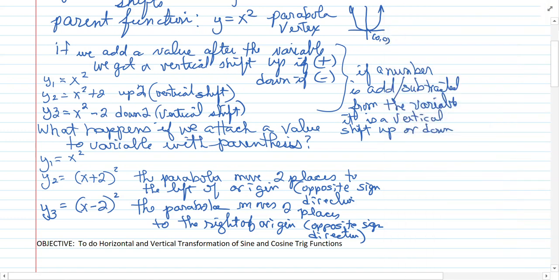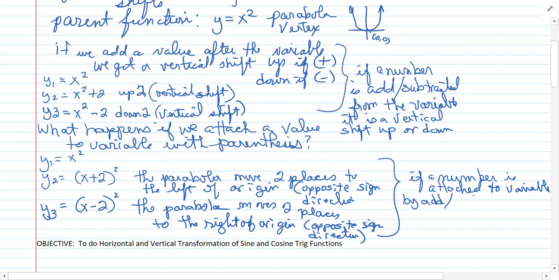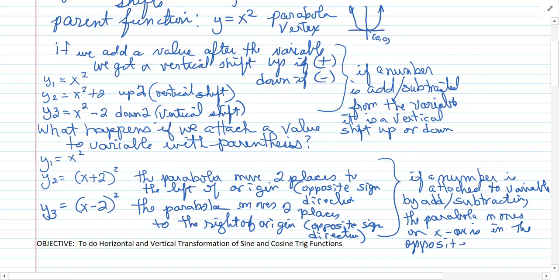All right, so we're correct. Now, what this action was called: if a number is attached to the variable by addition or subtraction, the parabola moves on the x-axis in the opposite sign of the value.